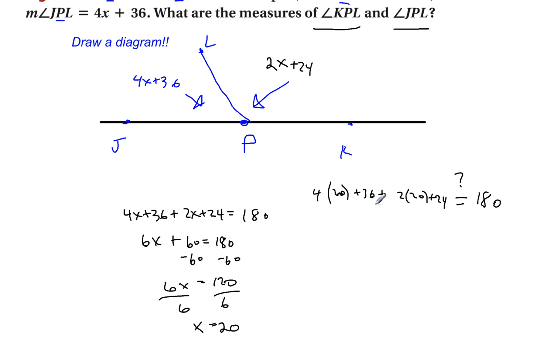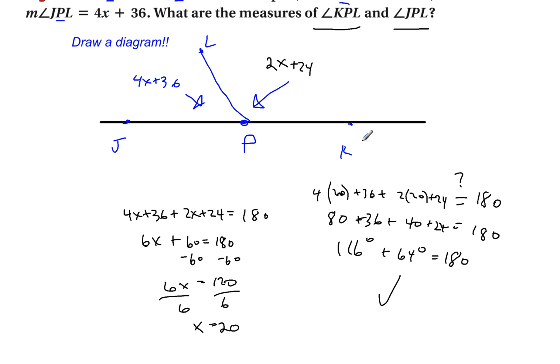Part of what I'm trying to do is to check my answer. 4 times 20 is 80, so I have 80 plus 36, plus 2 times 20, which is 40, plus 24. Is this equal to 180 degrees? Let's see. 80 plus 36 is 116 degrees, plus 40 plus 24 is 64 degrees, and sure enough, 116 plus 64 is equal to 180.